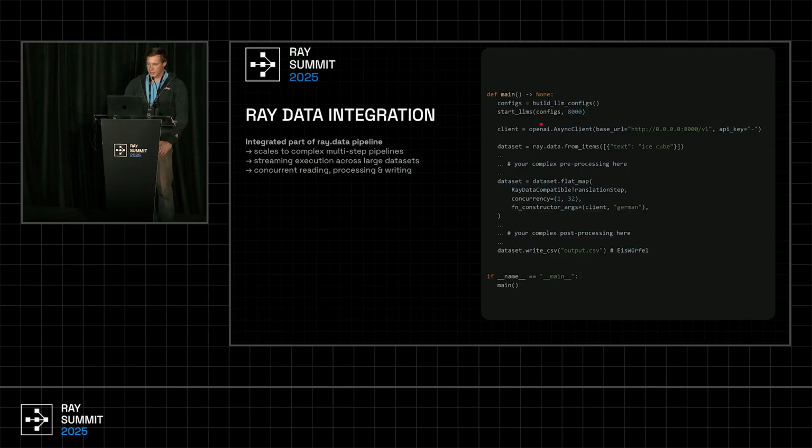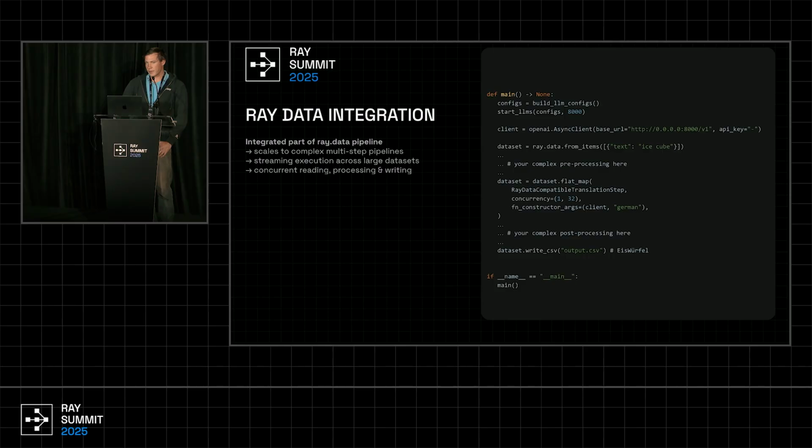So in this case, I'm just defining a very simple Ray data from items over here. But in a production use case, you're probably reading something from a cloud bucket, like a Parquet, and you're streaming in rows from these Parquet shards, doing some complex pre-processing on the CPU, streaming that in turn through this translation app, and finally doing some post-processing at the end before writing it to another cloud bucket.